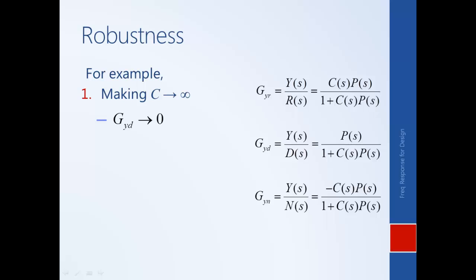And in the limit you could make it approach 0. So making the magnitude of the controller large would make the system attenuate the disturbance completely.